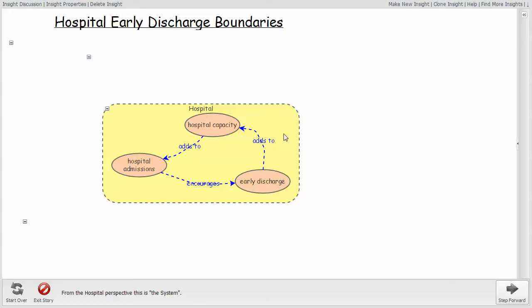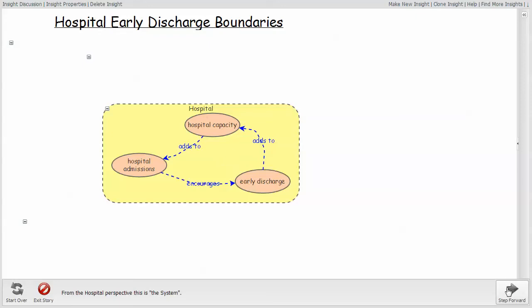Those people that work within the hospital might consider the hospital capacity, the admissions to the hospital, and early discharge to be those elements that are relevant to the situation, and they consider this to be the system from their perspective.